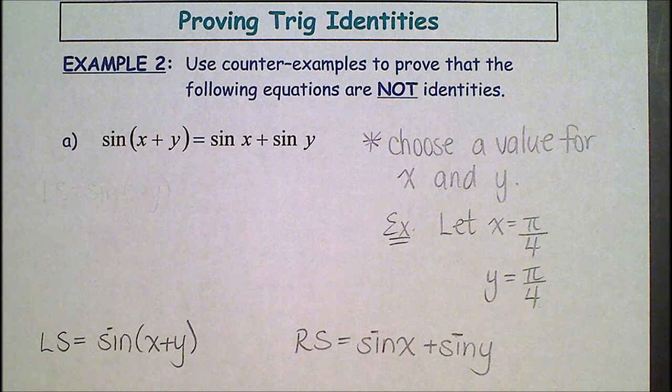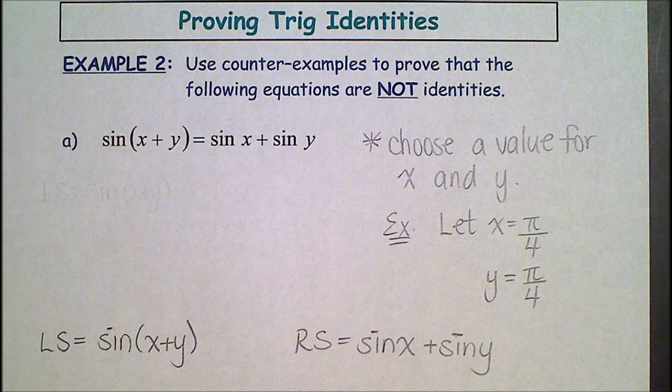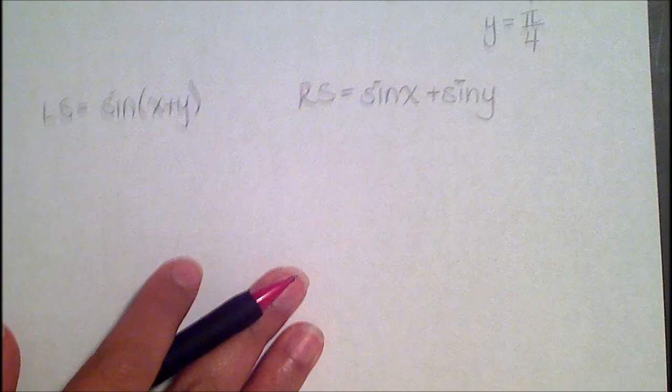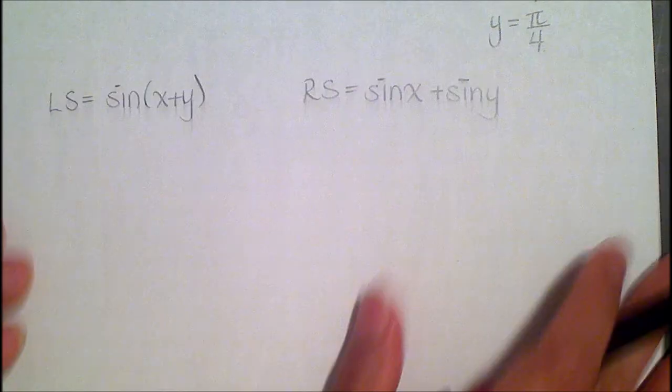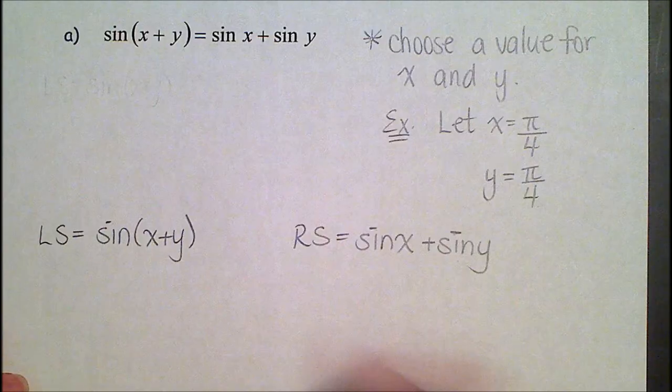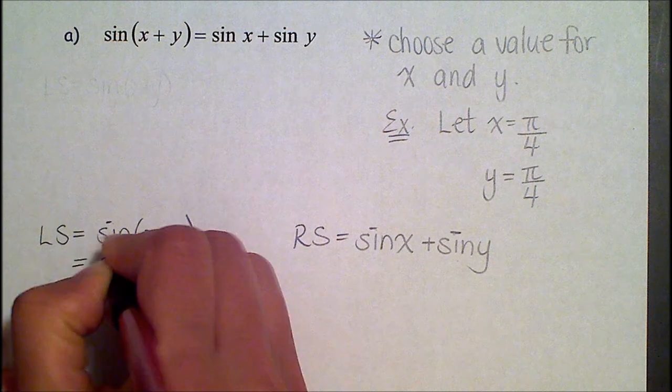Any of the angles that are easy to work with are the ones you want to choose when you're trying to prove a counterexample. So on the left-hand side, I have sine of x plus y. So I'm going to replace x and y with pi over 4. And so I get sine of pi over 4 plus pi over 4. And so what this means is that I'm looking at sine of these two angles combined.